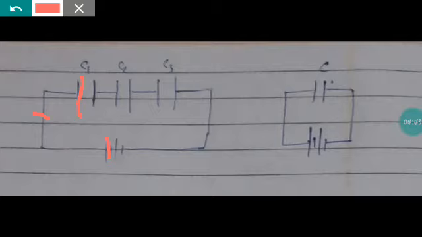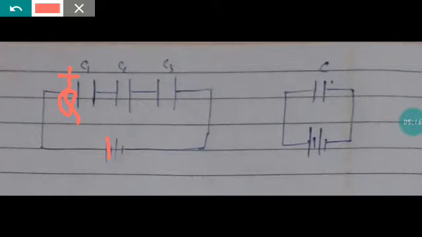Then this will generate a deficiency of electrons on this plate, and if there is a deficiency of electrons, it means it will be positive. So suppose we have created a charge due to this battery equal to plus Q on the front plate of C1. Is that clear?